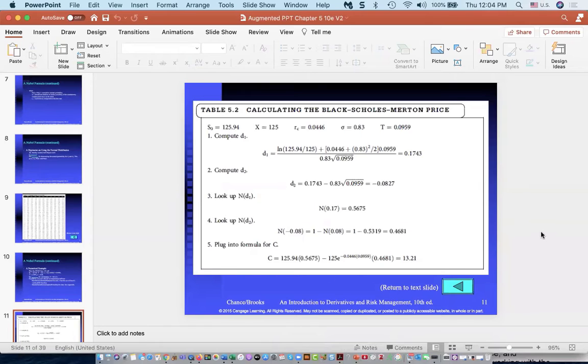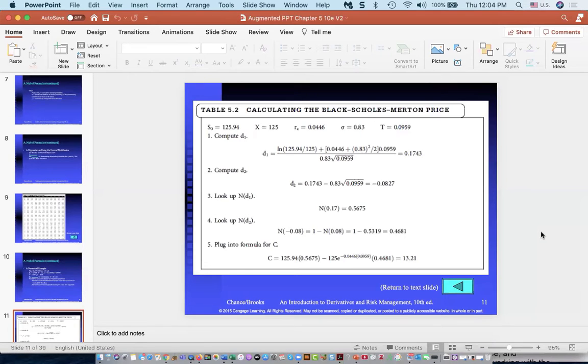Black-Scholes says $13.21, and the market, meaning CBOE, is saying it is $13 even. Which one is the true value? Which one is the market value?